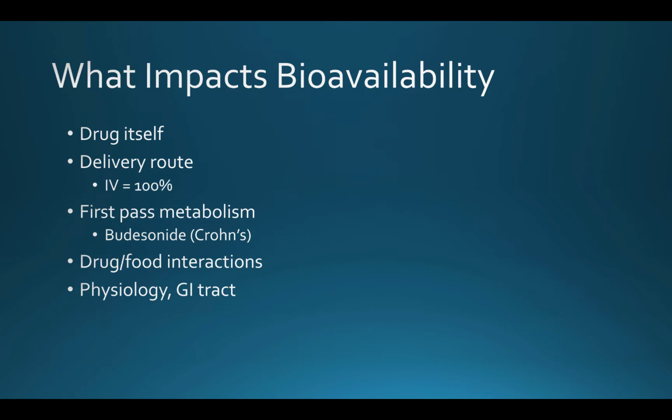But we maximize the benefit because with oral budesonide, we want that to work in the gut. And in something like Crohn's, ulcerative colitis, that's a big potential advantage to minimize the systemic absorption and maximize keeping that drug in the gut for the localized effect.